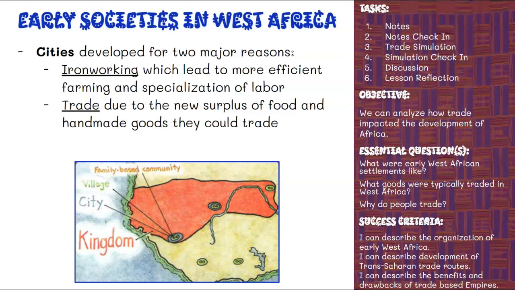Because farming is getting better with the new tools from ironworking, we have a surplus of food, which allows people to trade away what they don't need. They also have handmade goods now, because people are able to do more than just survive, so they're able to trade those as well.